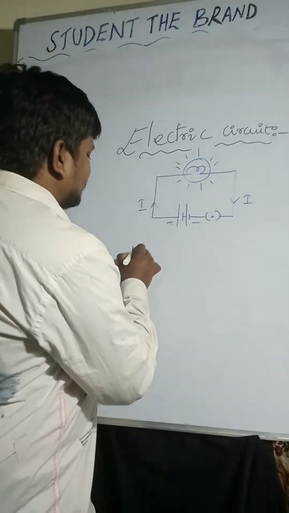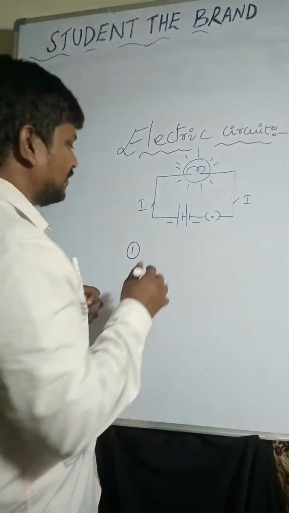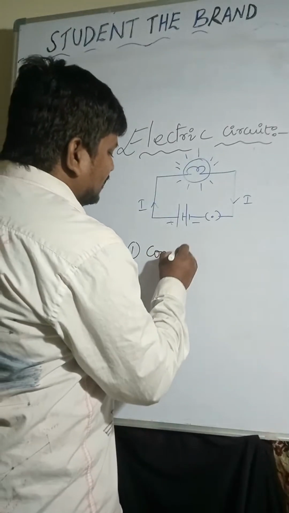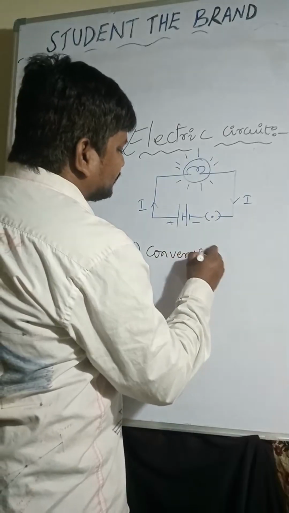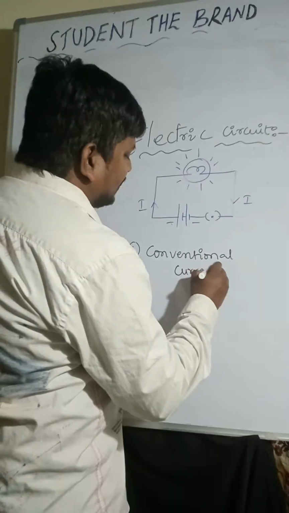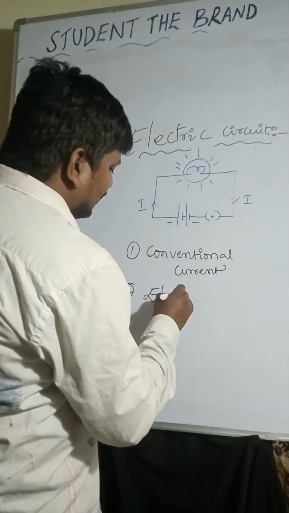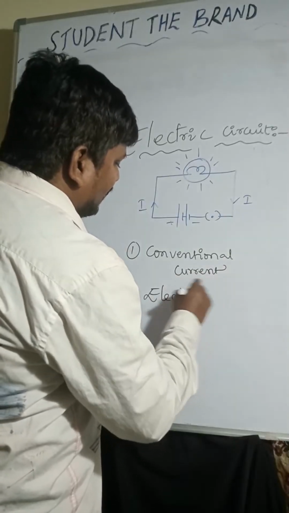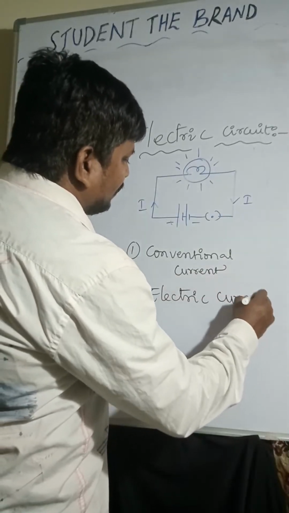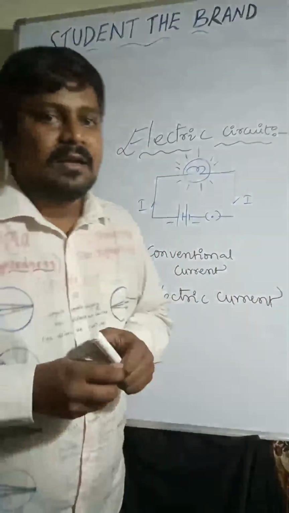There are two types of current. One is conventional current, and the second is electric current. What do you mean by conventional current and electric current?